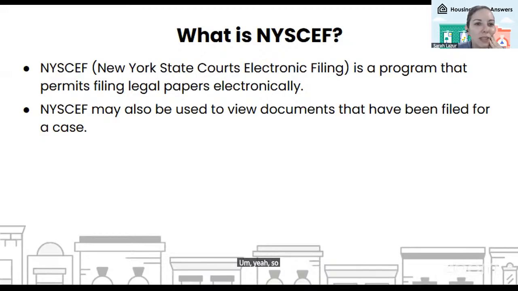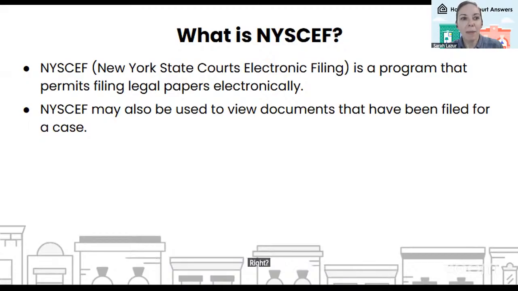So the next website that you are going to be using, hopefully, is called NYSCEF, New York State Courts Electronic Filing. It's written right there. It's a program that allows people, lawyers, corporations, whatever, to file legal papers electronically. So things don't have to be done on paper.